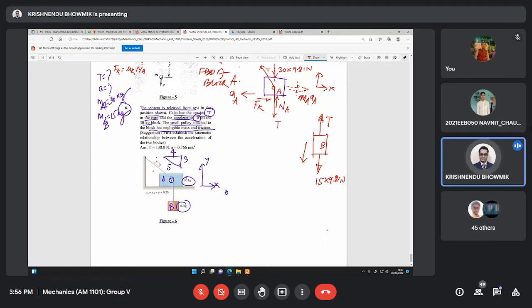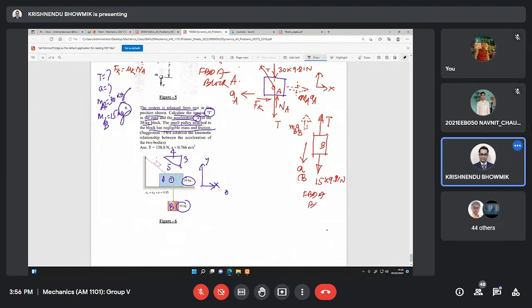A moving left, B is downward. It is A, B. Then inertia will be MB, A, B. FBD of block B.